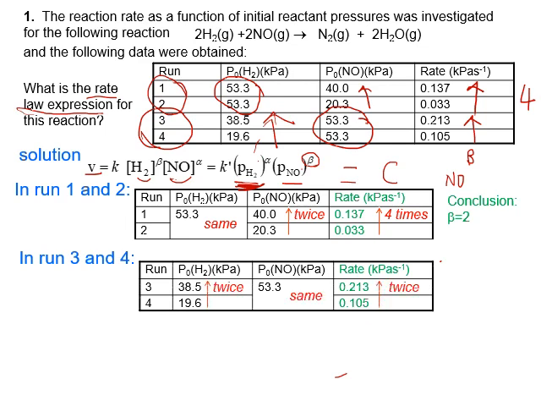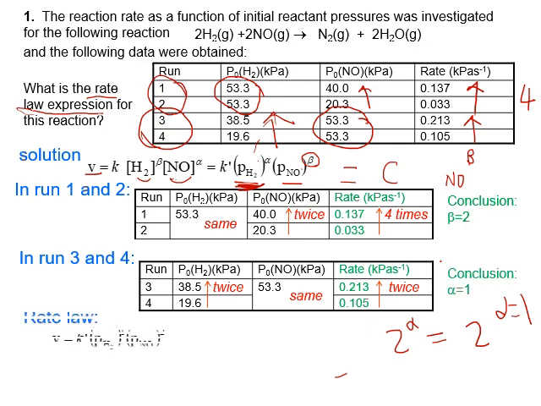Just like we did before, it should be 2 to the alpha's power equals 2, and therefore alpha must be 1. So it's first order. For a first order reaction, if you increase pressure twice, the reaction rate also increases twice. For a second order reaction, when you increase pressure twice, the reaction rate increases 4 times.